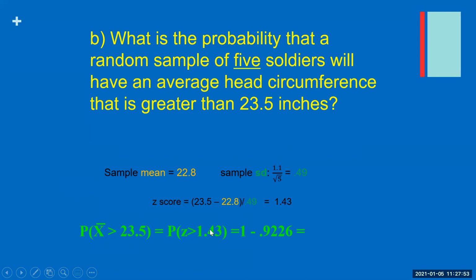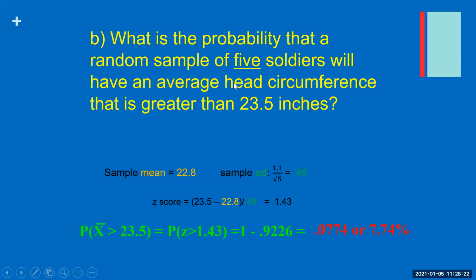And since it is greater than, we are looking for 1 minus. If you look inside your z-table, the area left of 1.43 should get you a value of 0.9226. So subtract it from 1, since we're looking for a probability that's greater. We should get a probability of 0.0774, or about 7.74%.